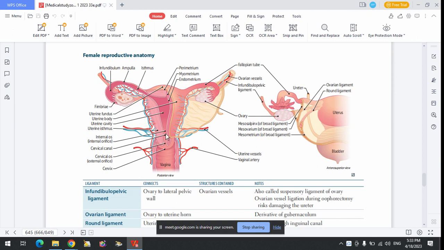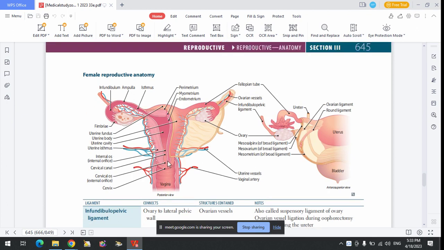The narrow area, the level of constriction, is the isthmus. Then this small passageway is the cervix, but it has two openings. The internal os is the part that opens into the uterus, while the external os is the one below here that opens into the vagina. So it has internal os, external os, and in between them, the cervical canal.